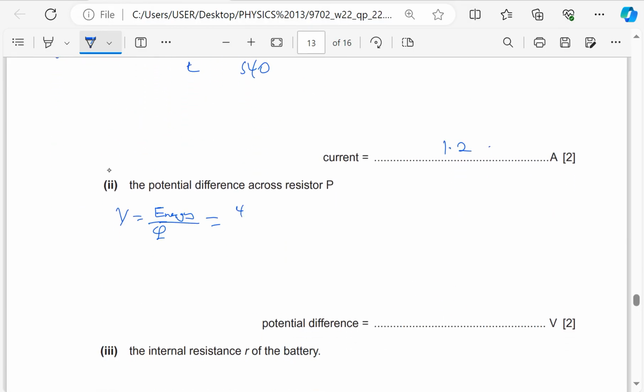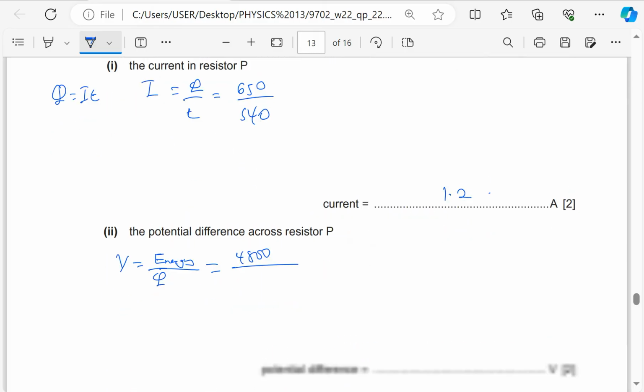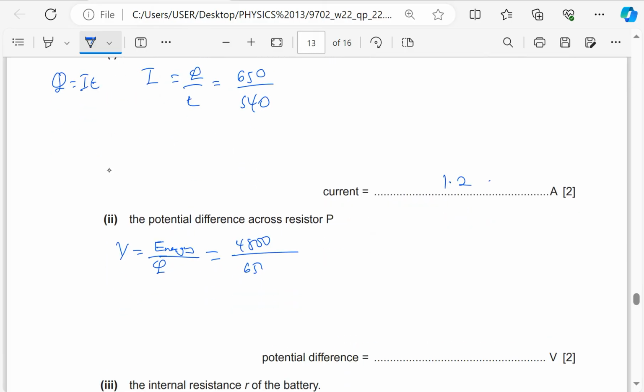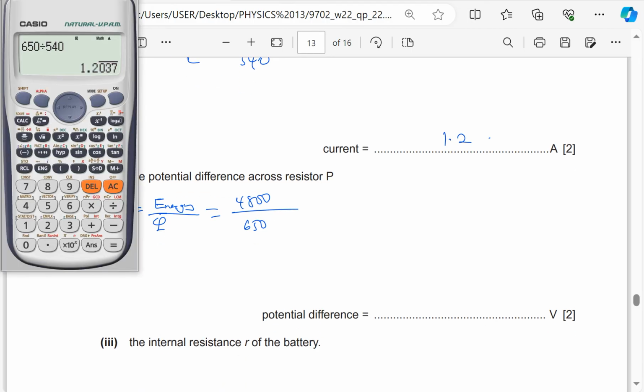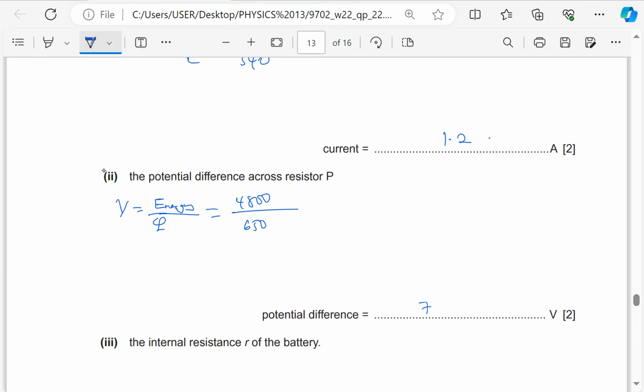So this is going to be 4,800 divided by the charge, which is 650. So 4,800 divided by 650, that is 7.4 volts.